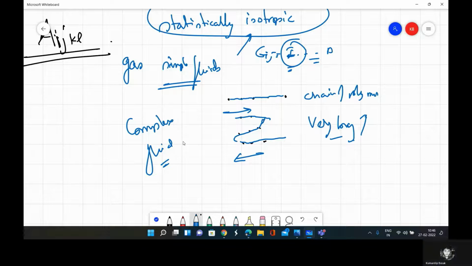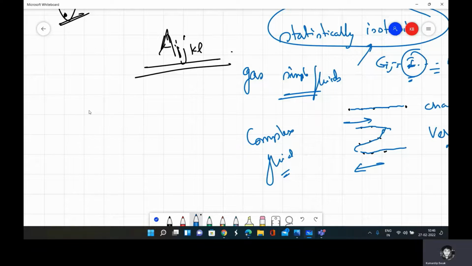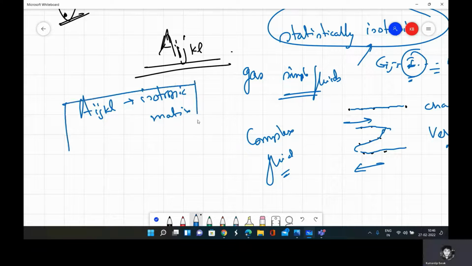So if it is independent of the orientation of the element, therefore Aijkl is an isotropic matrix. Again, I am emphasizing this part. Dij is not isotropic. Deviatoric part is not isotropic, but it is independent of the orientation of the element.